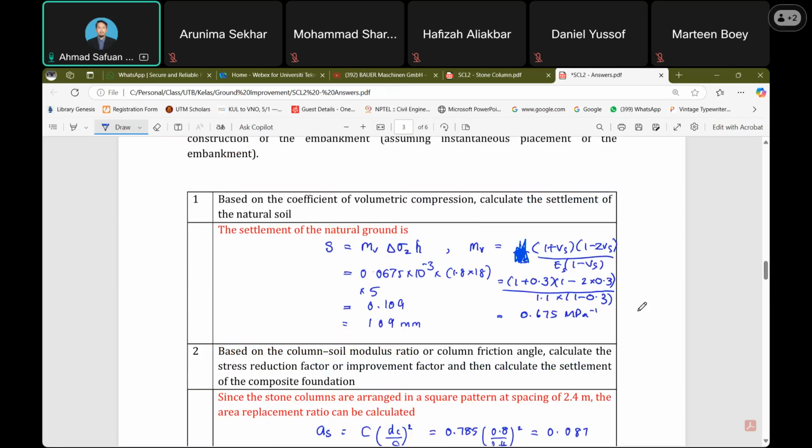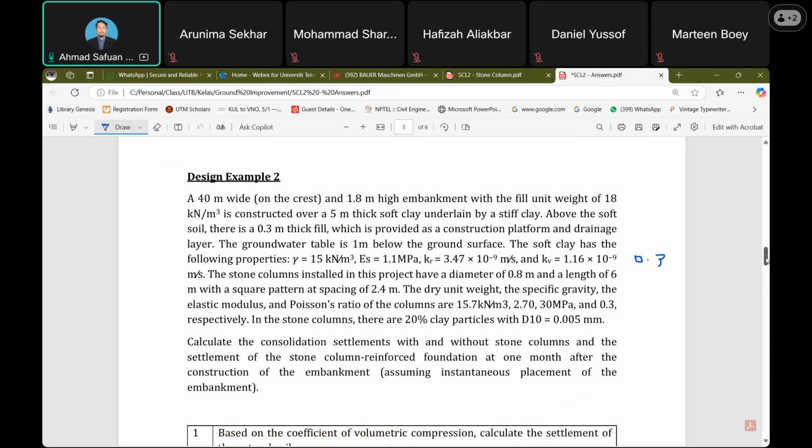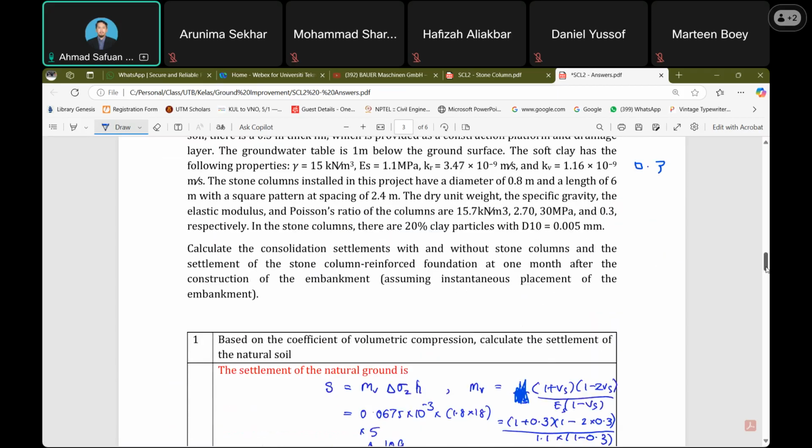Okay, so megapascal, times the effective stress, or the effective stress from the preloading, which is 18 times 1.8 meter height.